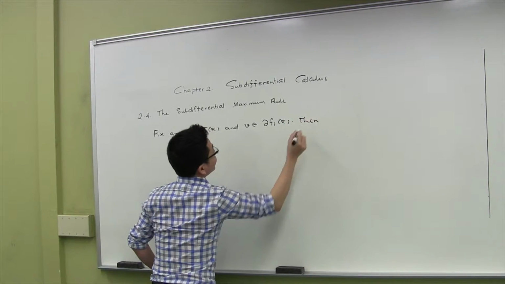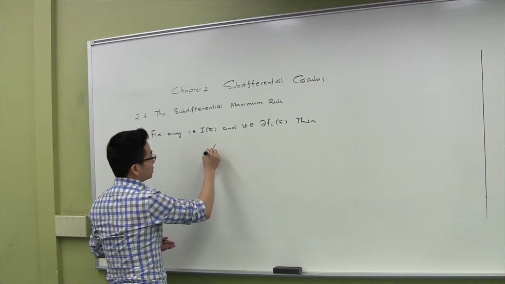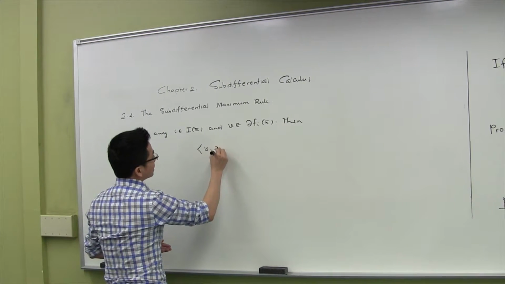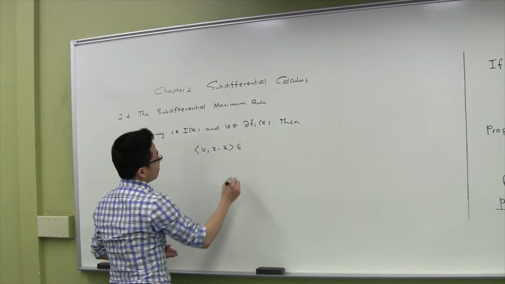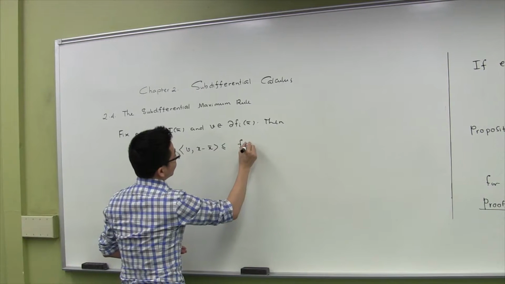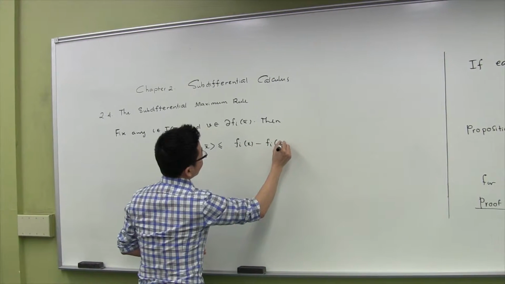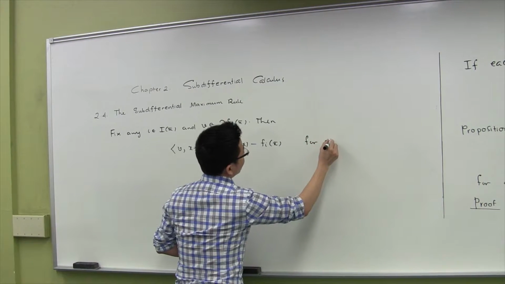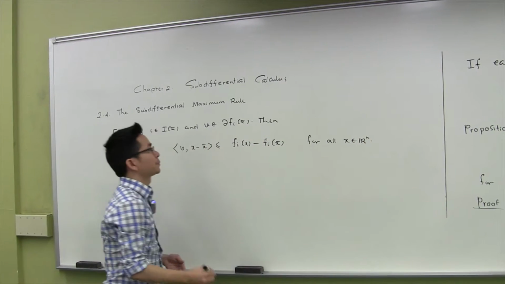Then by the definition of the subdifferential, we have the following: the inner product of v and x minus x bar is less than or equal to f_i of x minus f_i of x bar for all x in R^n.